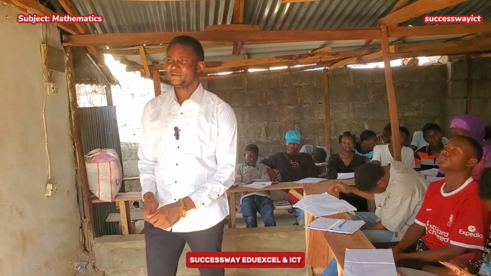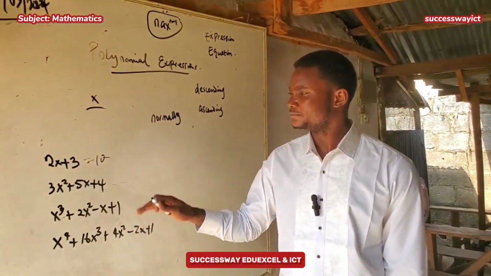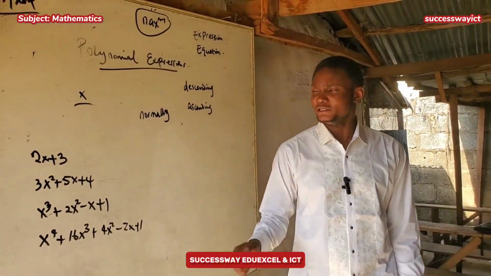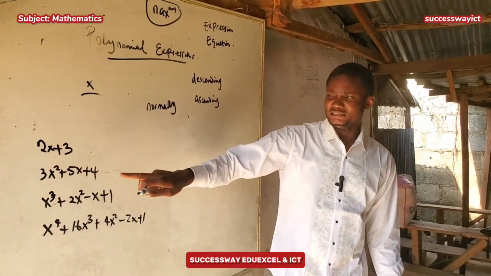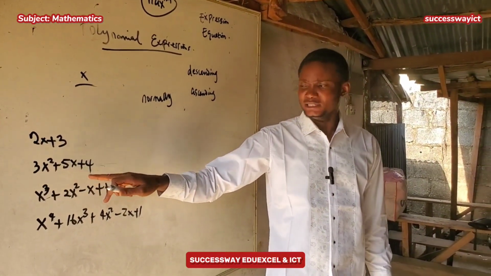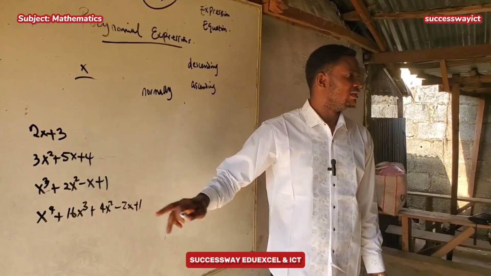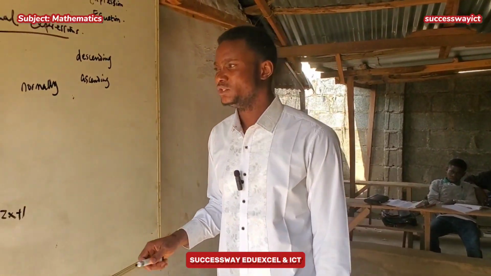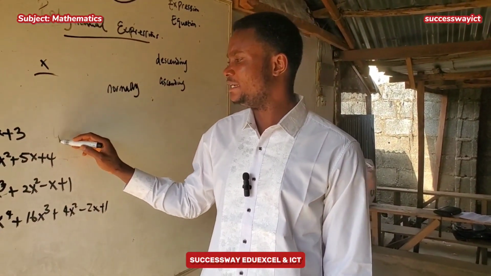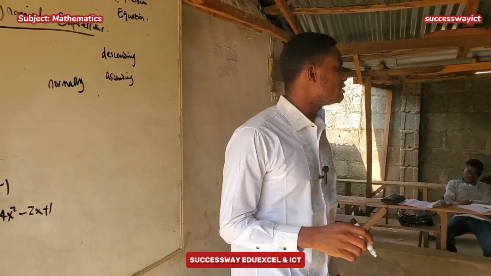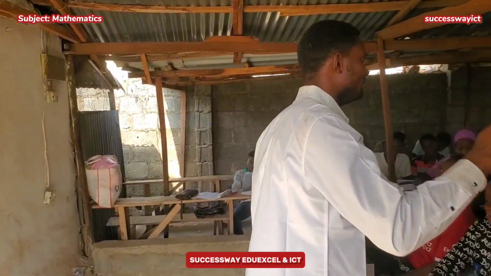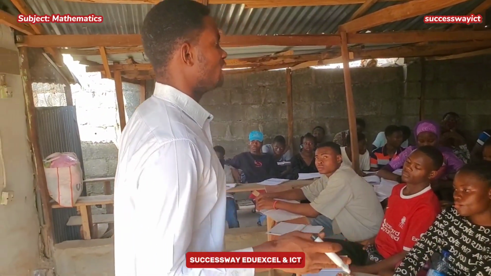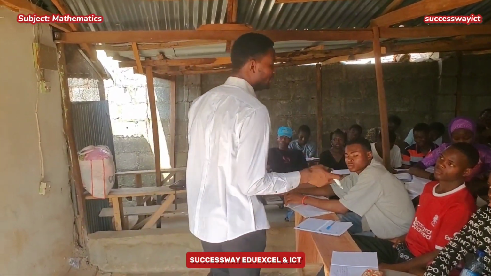Now, look up. For polynomials of degree 1 and degree 2, you solve them using the methods I mentioned: factorization, completing the square, the formula method.